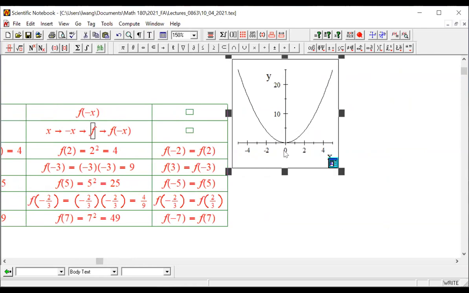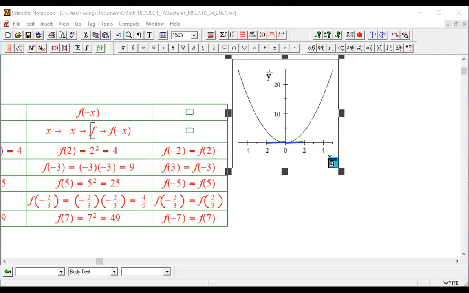So what does that mean? This is -2. The opposite of -2 is +2. So this is 2. These two points are opposite to each other.